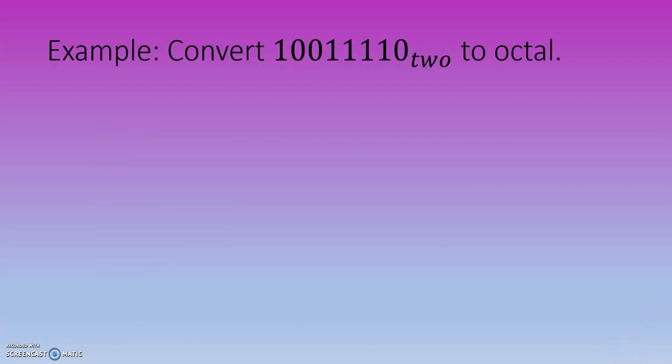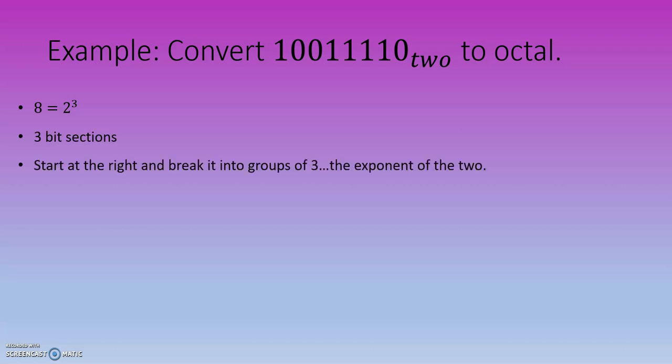We're going to convert that binary number to octal form, base 8. Remember that 8 equals 2 to the third. So we're going to take that binary number and split it into 3-bit sections. That exponent of the 2 is a 3. Start at the right and break it into groups of 3.